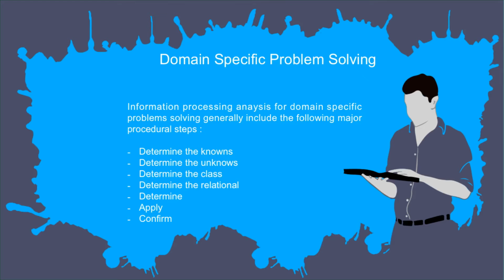Fourth, determine the relational rules that relate the knowns and unknowns in the situation. Fifth, determine the procedural rules that determine the application of the relational rules. Sixth, apply the procedural rules and the nested relational rules. Seventh, the last, confirm that the problem is solved, the unknowns are determined.